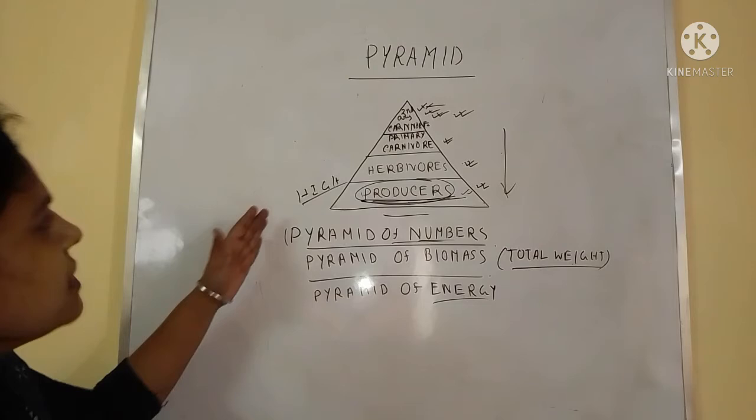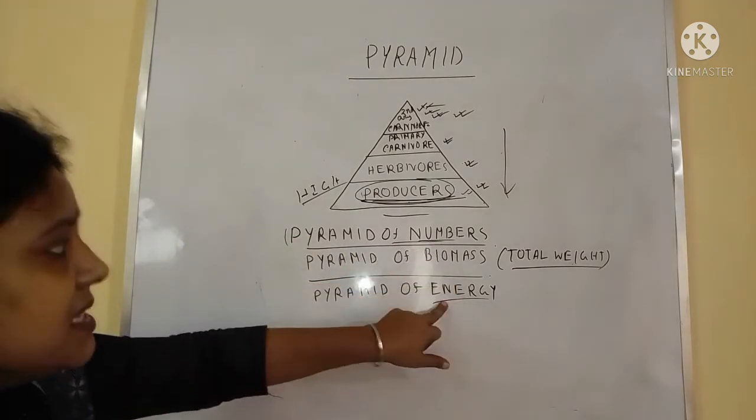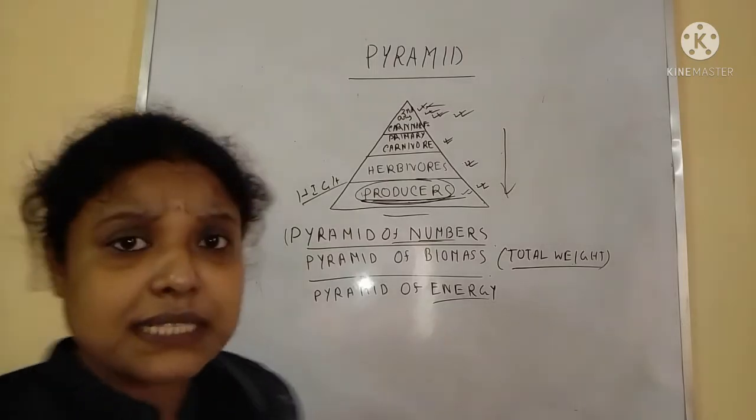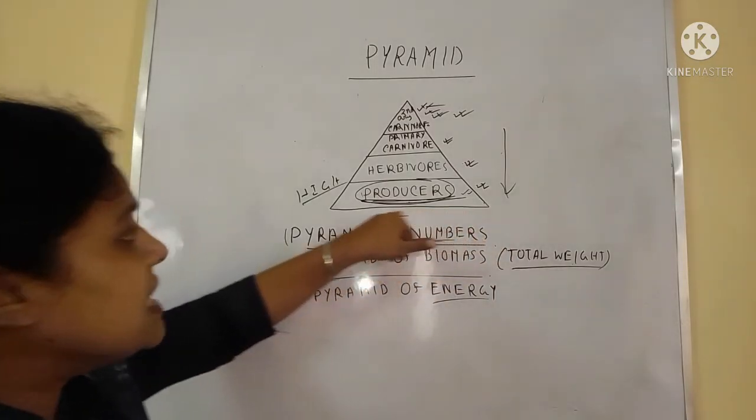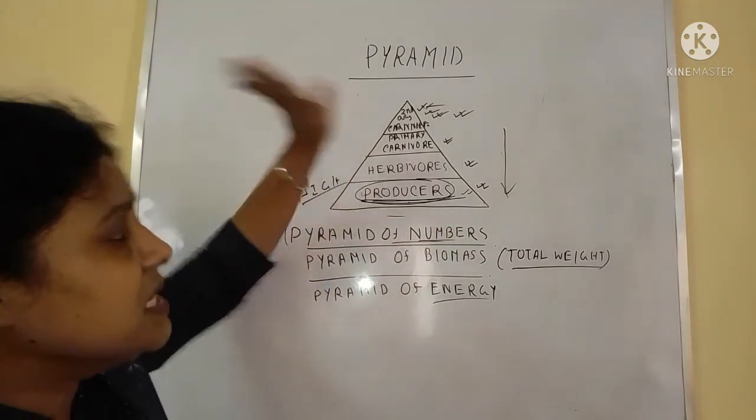So these are the pyramidal structures: numbers, biomass, and energy, where we always see that the base is high and the tip is low.